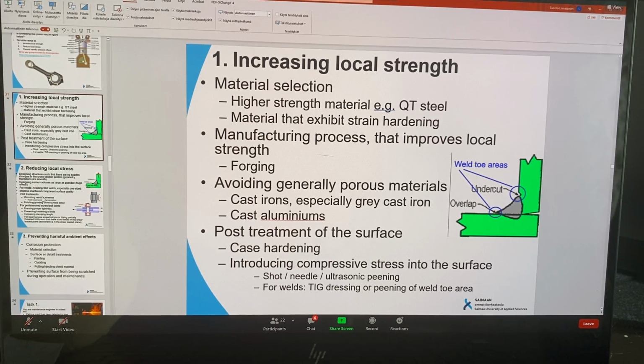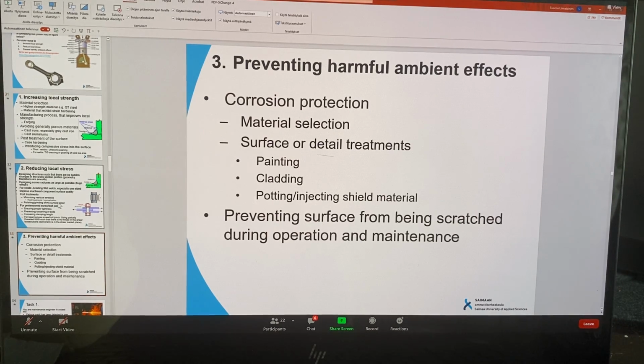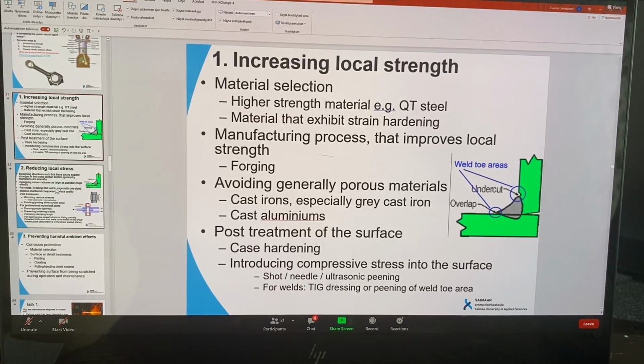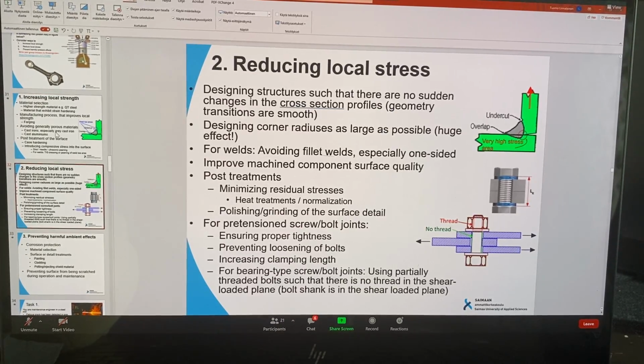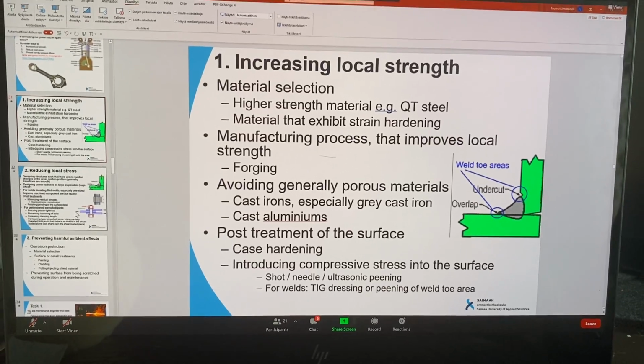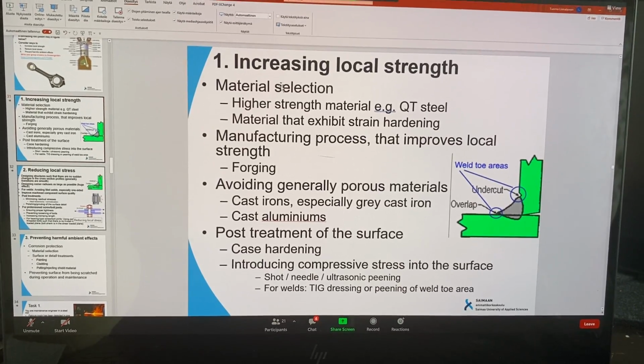If you follow these general rules, you will end up with a fairly good design against fatigue, even without any calculation. So it's very important for you to know. And surely I will question these in the exam.